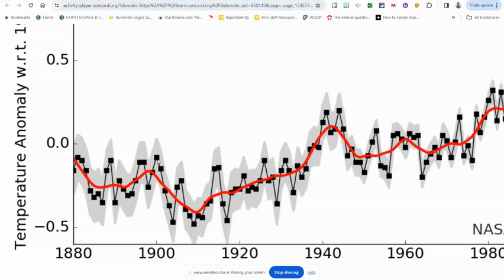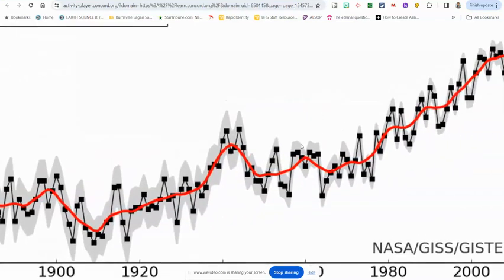Why? Because we didn't have as much measuring going on at that time. The technology was different. We might not have had global temperatures as accurate. So the gray area shows the level of uncertainty for the data point. This dot, can you see where my cursor is, could be anywhere from up here to down here. It's that range of gray.